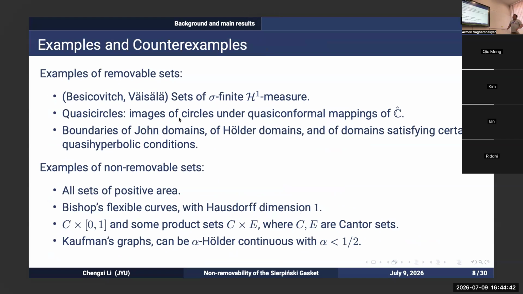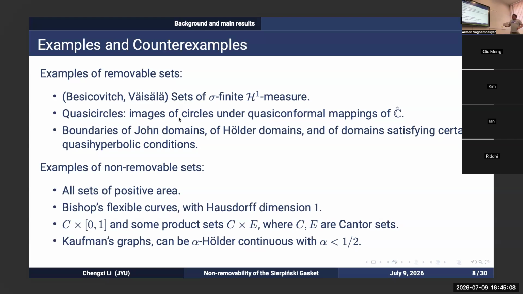And then, as Reedy told, there are some basic examples of removable sets and examples of non-removable sets. The main thing we want to know is that all sets of positive measure are non-removable. And of course, Bishop's flexible curves with Hausdorff dimension 1, as some people told yesterday, are also non-removable.